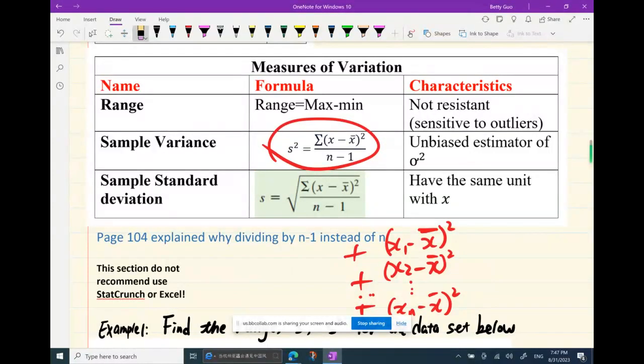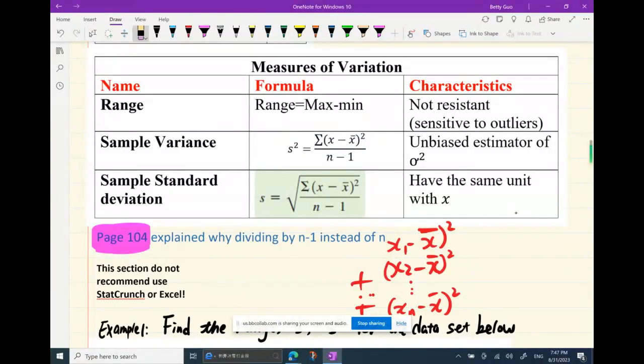Instead of using n for the denominator, we use n minus 1. Also, n minus 1 is the degrees of freedom. We have a detailed discussion of that on page 104. If you are interested in why the denominator is n minus 1 instead of n, please go to the textbook and read that part. For us, our focus is to understand the concept and know how to compute the value of those measurements.